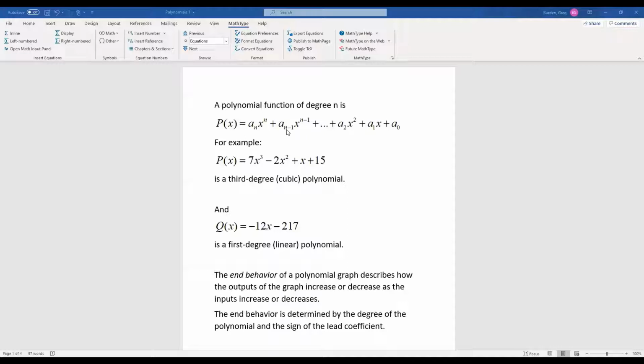And so the a sub n minus 1, a sub 2, a sub 1, a sub 0, and the ones that aren't shown here in the 3-dot ellipse, all of those are just real numbers. You can have complex numbers, but we're not going to be dealing with complex coefficients on our polynomials, so don't need to think about that.